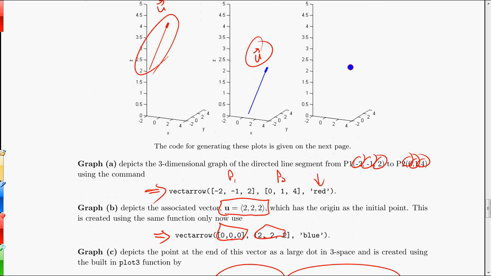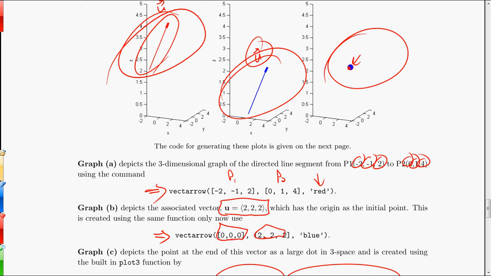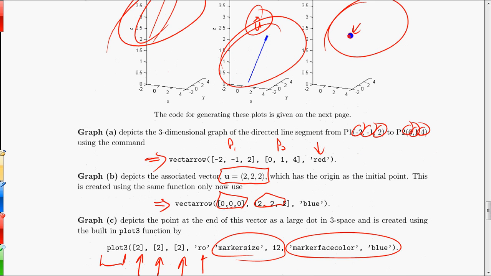So what you have is a red circle with a blue interior. So there you go: directed line segments, vectors that start at the origin, and a point. They're basically created the same way within MATLAB, only to get the directed line segments and the vectors, I want to use this vectaro command purely because I want that arrow at the end of the line.